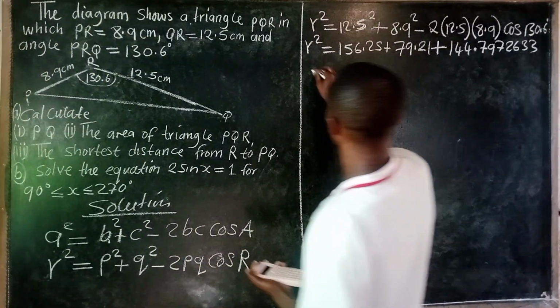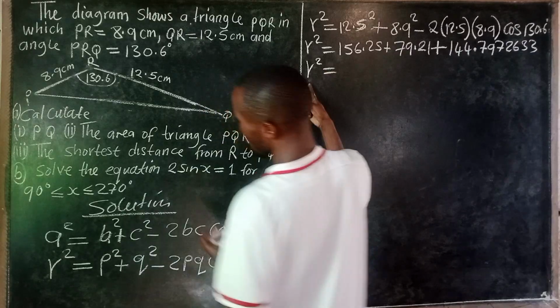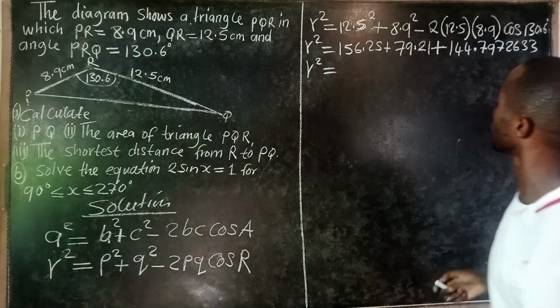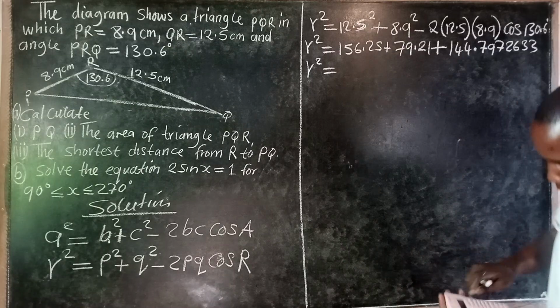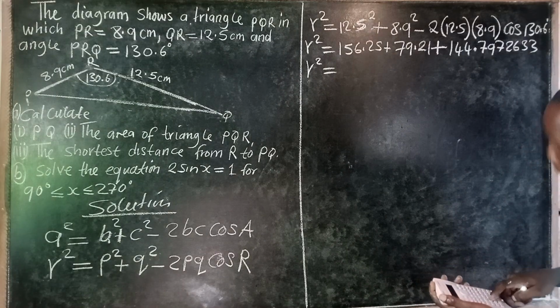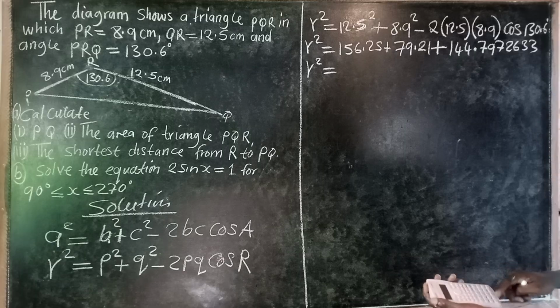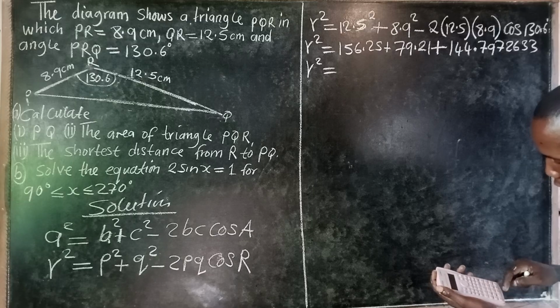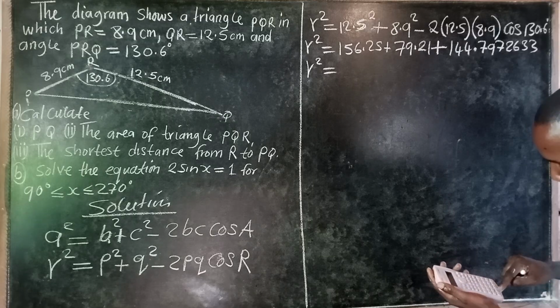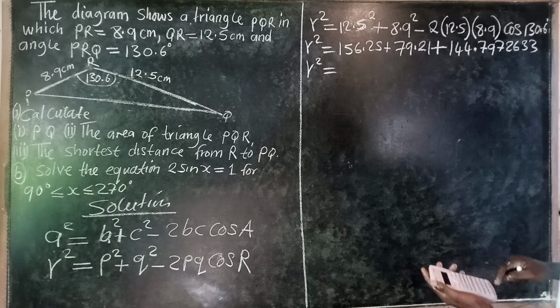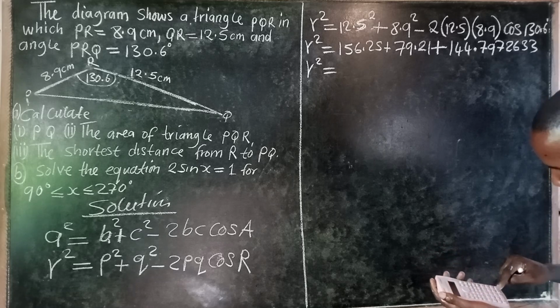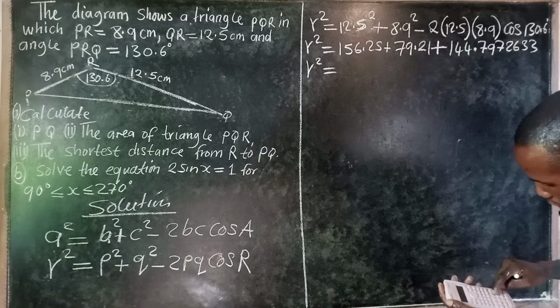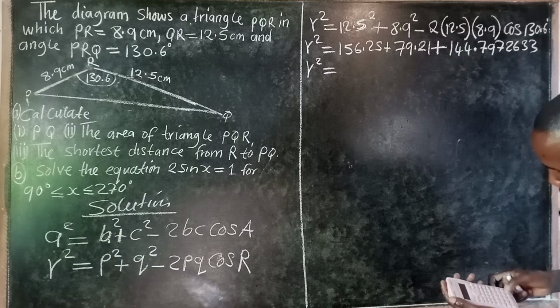Then from there we can continue. This R is representing PQ according to the question. So now we can add everything there. Let's add: 156.25, then plus 79.21, then plus 144.797972633.